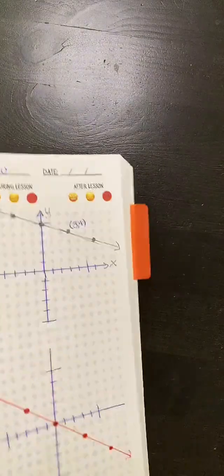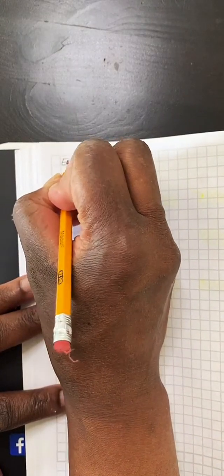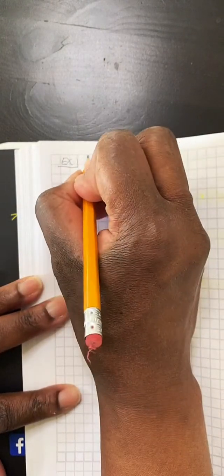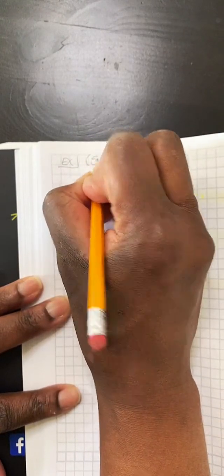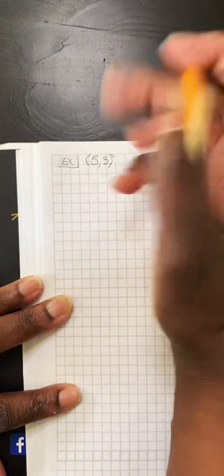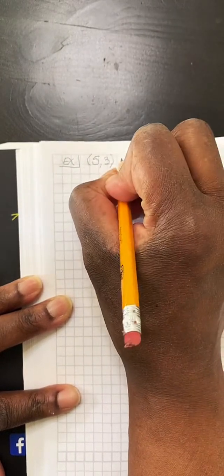All right, not a problem. Now, let's say that they gave us the point, which was 5, 3, and they gave us our slope, which was 4/5.